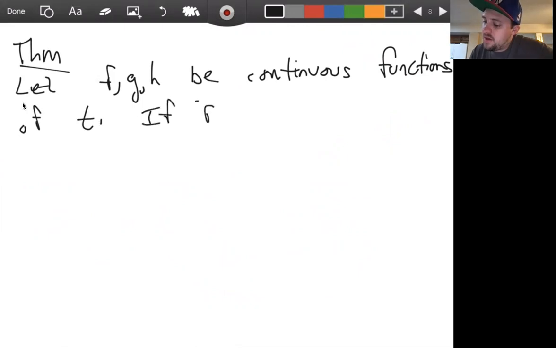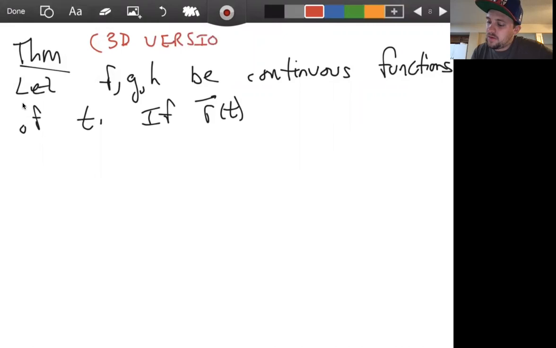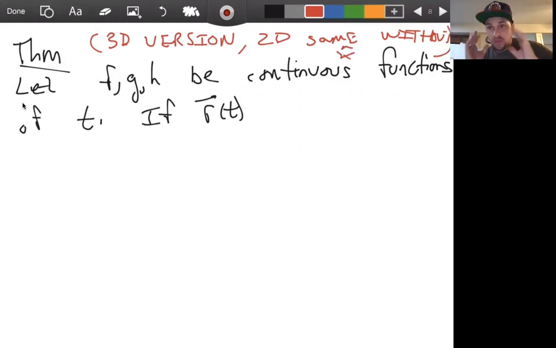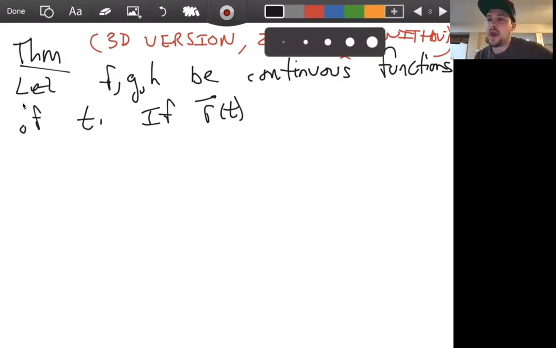Let me say quickly, this is the 3D version of the theorem. The 2D version is analogous, just without k hat. Just take the theorem without the variable z or k hat.